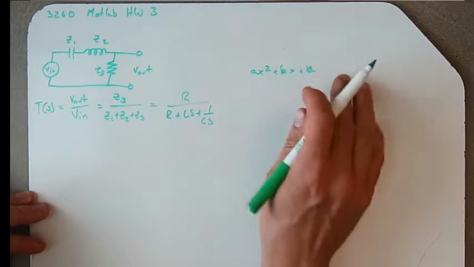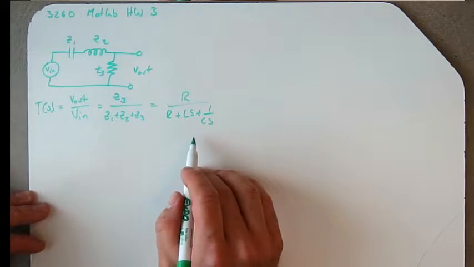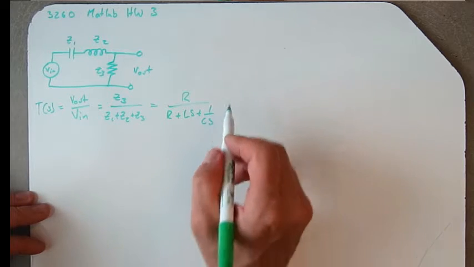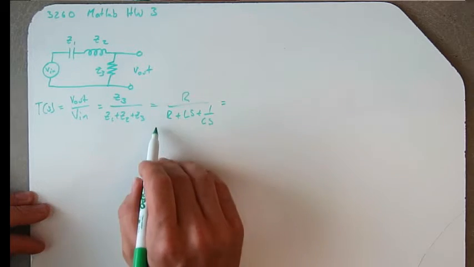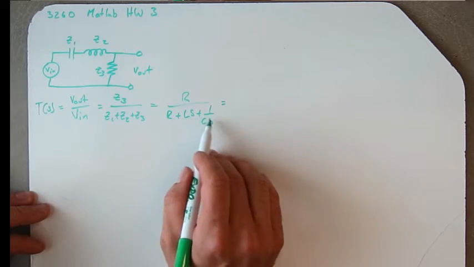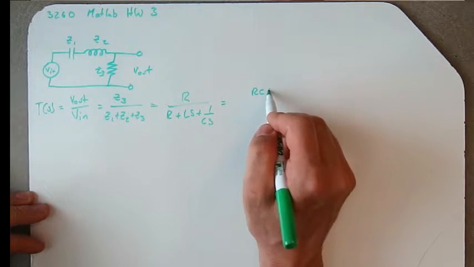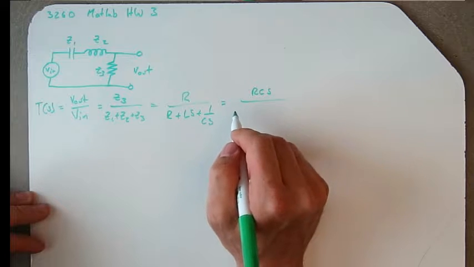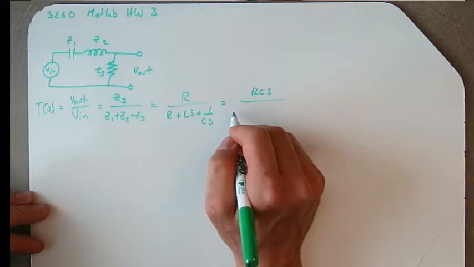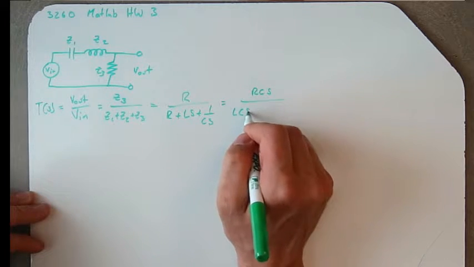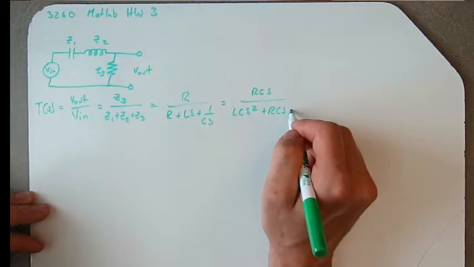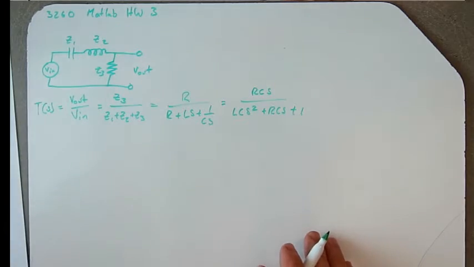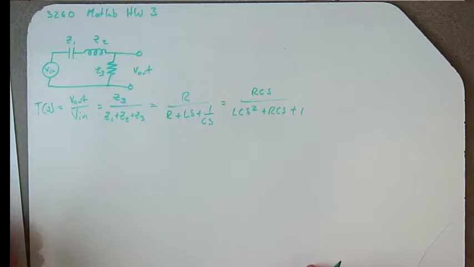We want something that looks like that, but with s squared. So in recitation, we just multiply the top and the bottom, the numerator and denominator, by CS, and we end up with RCS over LCS squared plus RCS plus 1. Okay, so no big deal there.